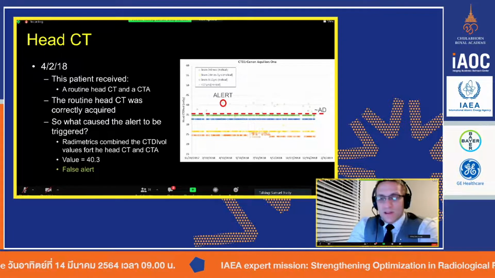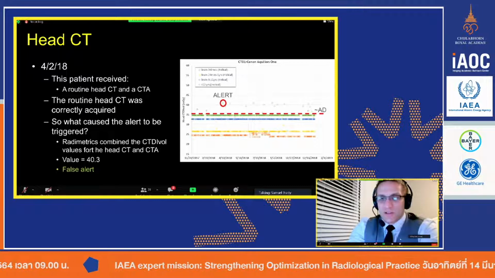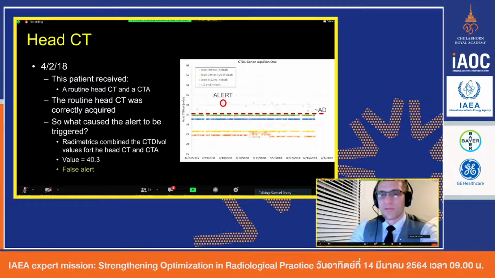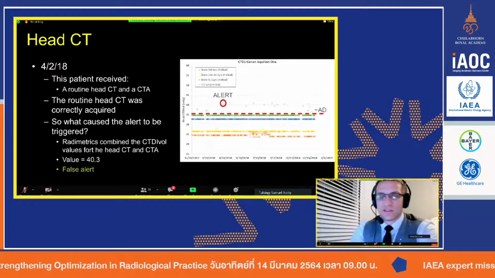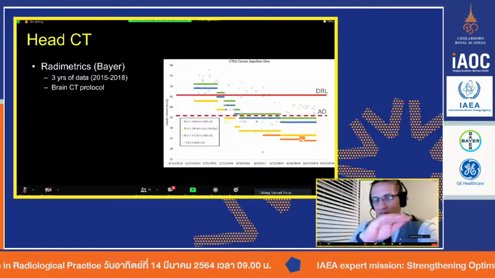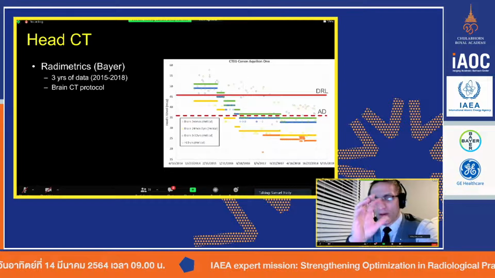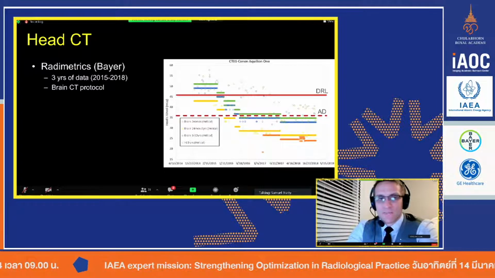Now, I'm not trying to be negative towards Radiometrics. All dose monitoring software is going to have quirks, and not all of them are going to be perfect. Every so often, one exam will combine things in a weird way. But having that alert level set gives you as an optimization team a way to look at your data and know where to investigate.